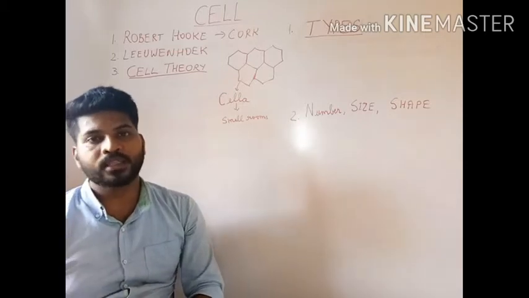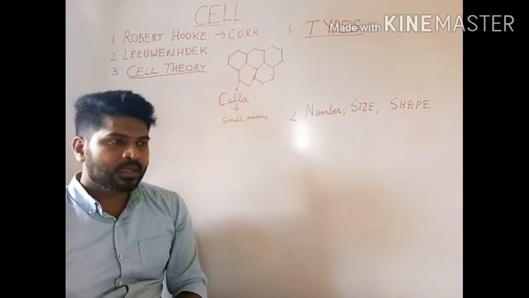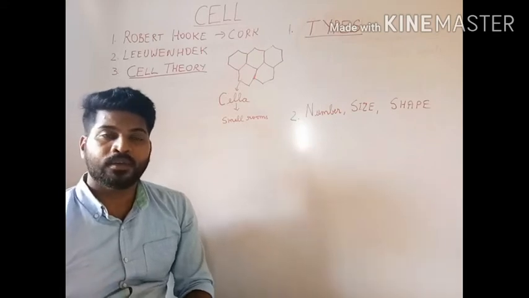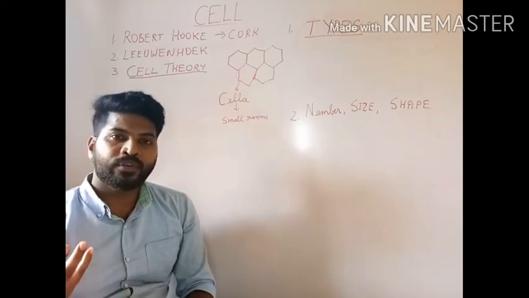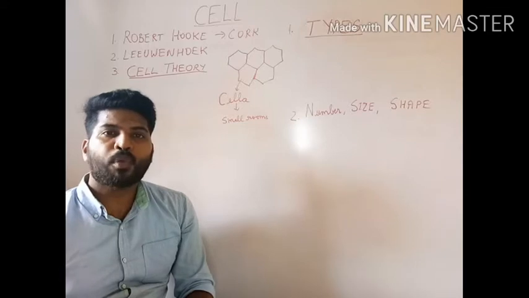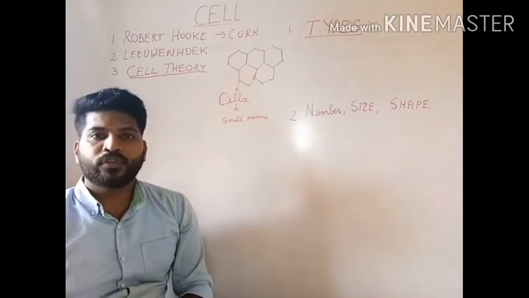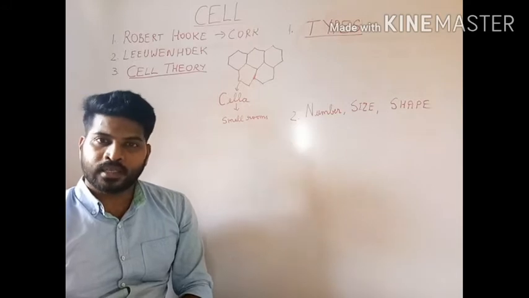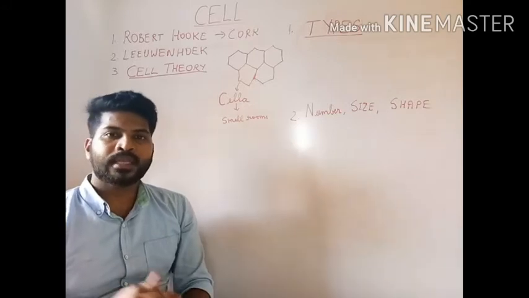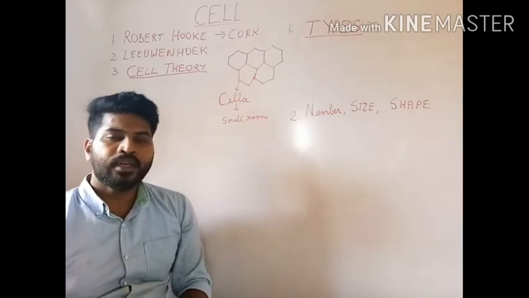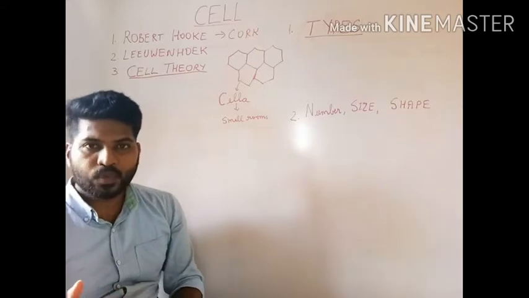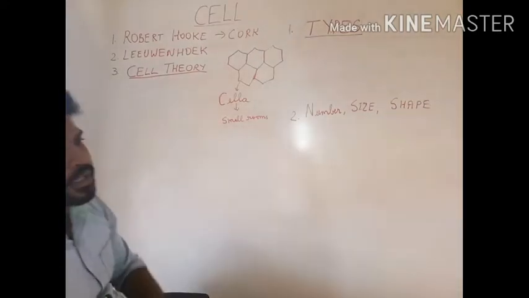Using advanced microscopes. So previously, scientists believed that life came spontaneously. This is what is called the theory of spontaneous generation. But once the cells were discovered, they disproved this, and that is part of the cell theory.